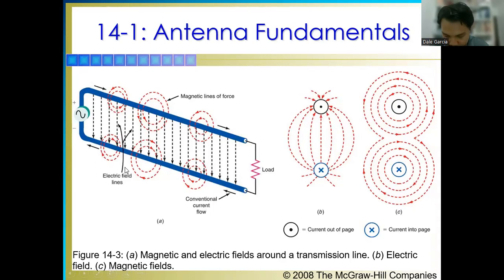So, kaning arrow, opposite ni siya in the negative half cycle. And diyan, dahil mo gawas, diyan din ma-create ang magnetic field.